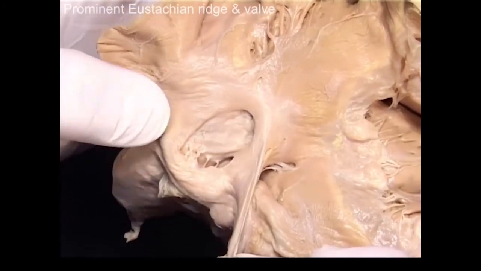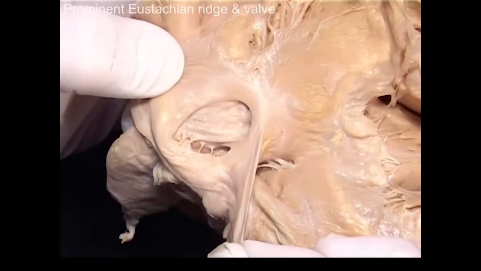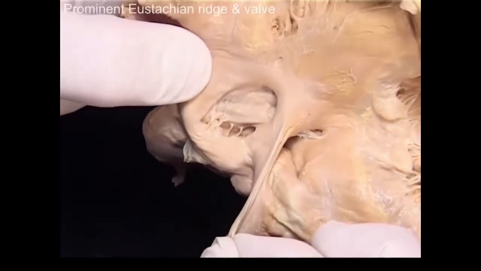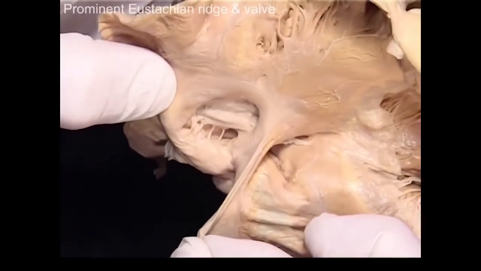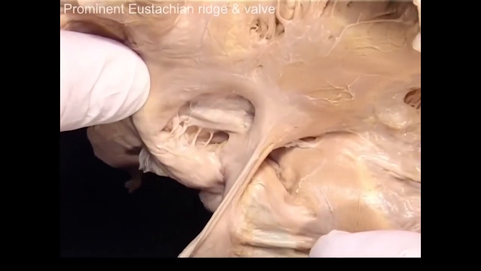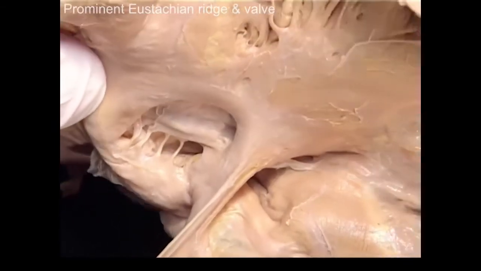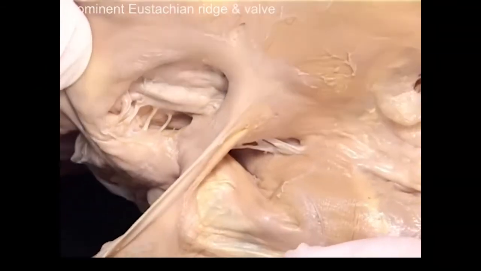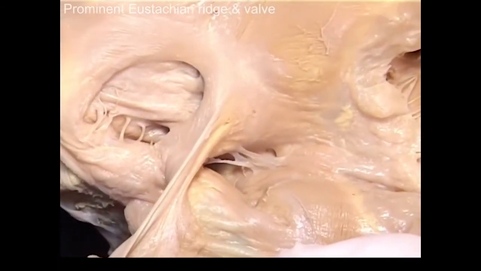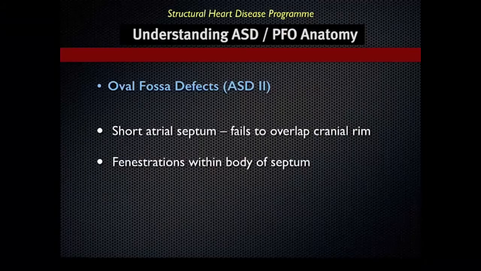Just looking back at the right side of the same specimen here, you can see the prominent eustachian valve and ridge. And you'll appreciate how this then may complicate closure again, because it may interfere with the right atrial disc of the device.